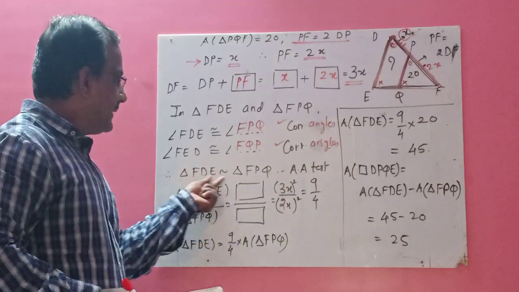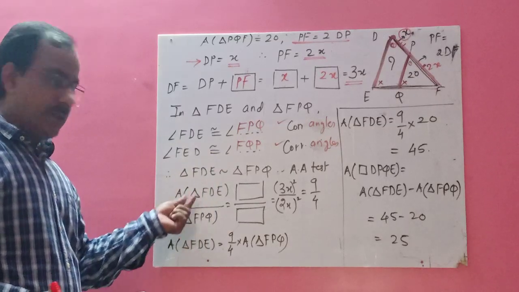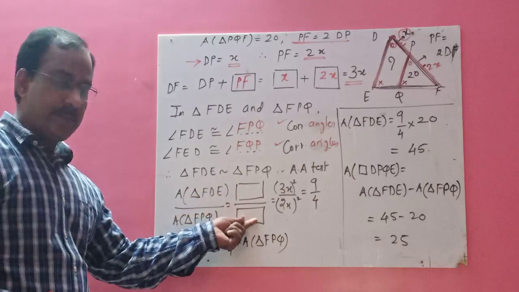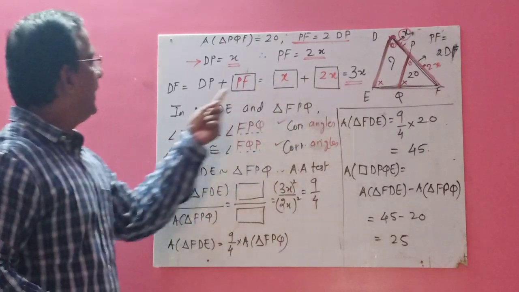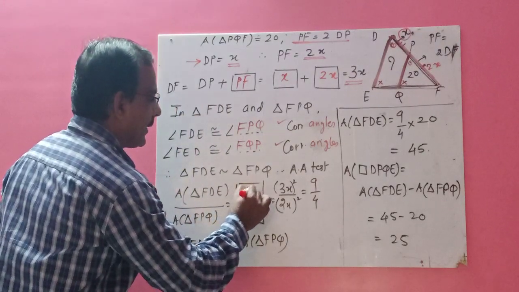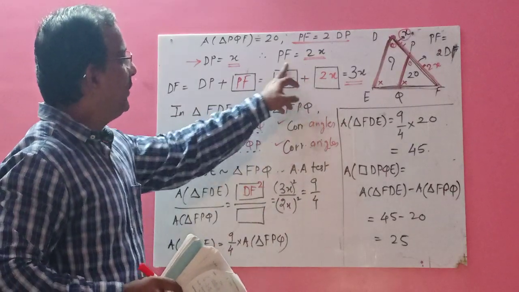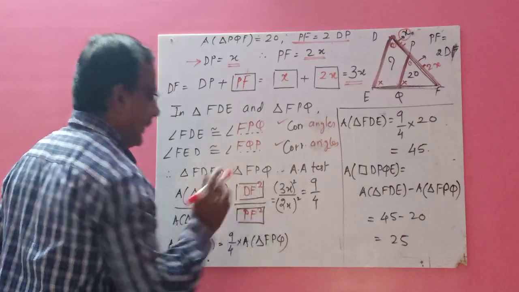And if the 2 triangles are similar, what about the ratio of their areas? The ratio of their areas is equal to the ratio of squares of corresponding sides. See here, the hint is given, 3x. 3x is which side here? DF. So write down here DF and put square. Similarly 2x square. Which side will you write here? PF. So PF square.